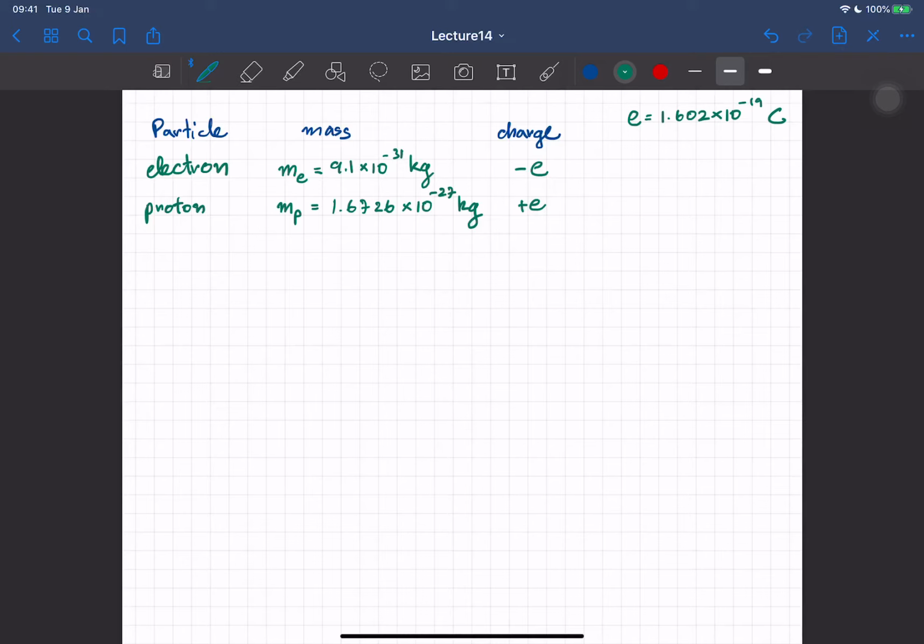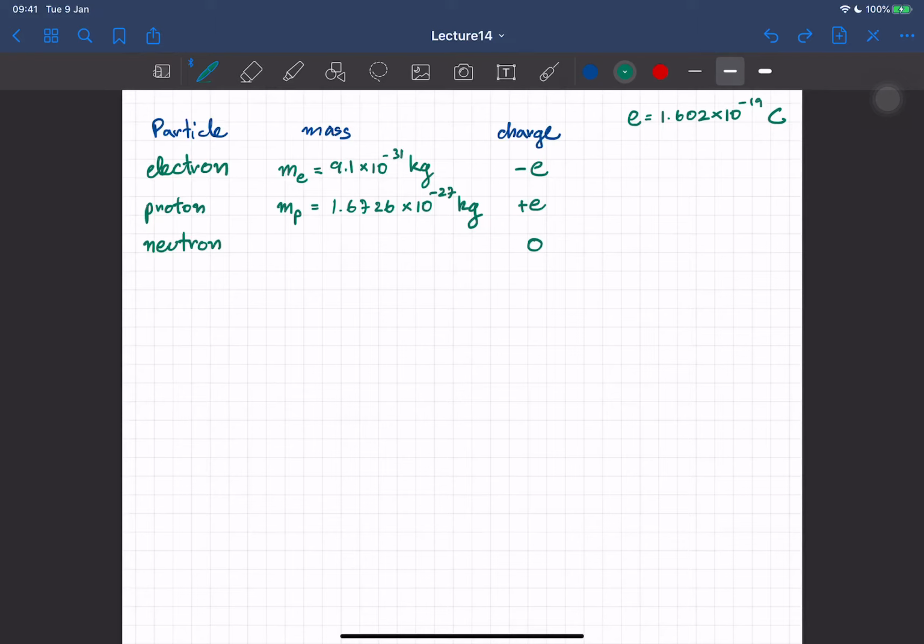Electron, proton. And the third particle, which we will mention here but not talk about too much because it has no charge, is called neutron. Neutron has zero charge, hence the name, right? Neutron is electrically neutral.